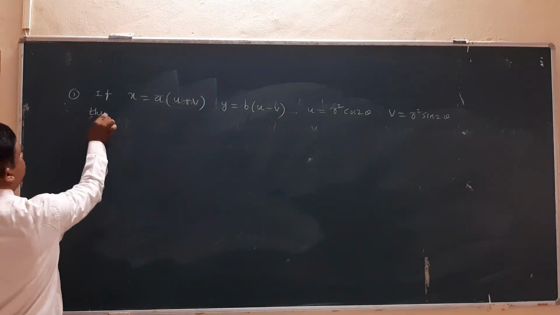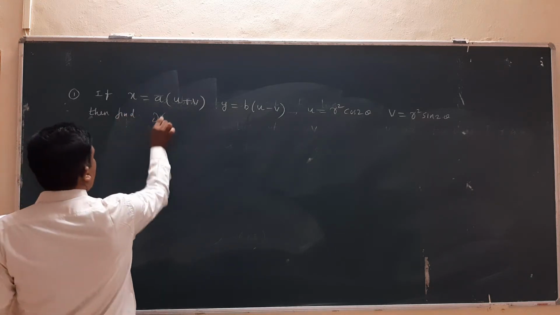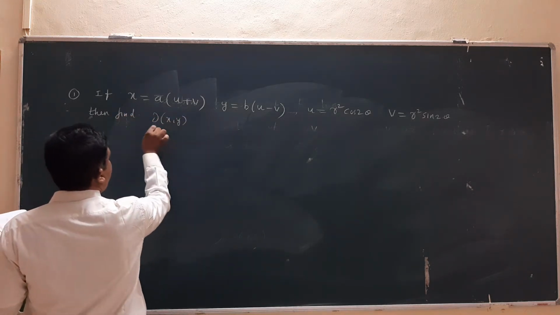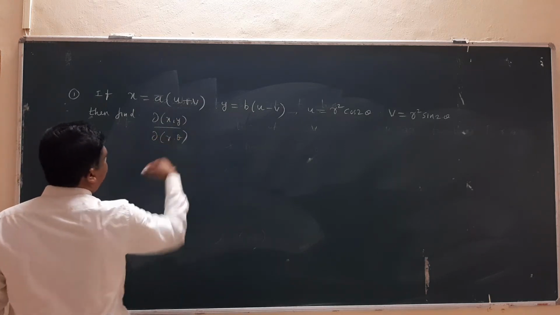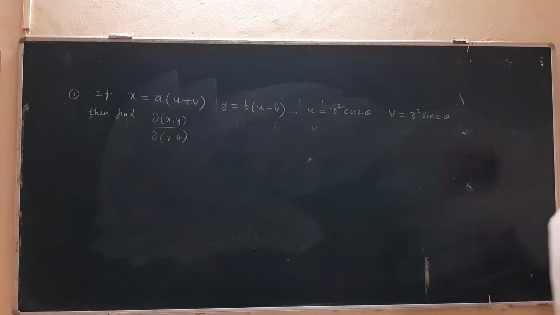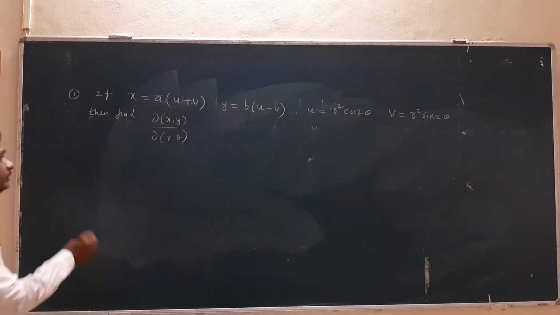Then find dou of x and y with respect to dou of r and theta. So let us see the solution.